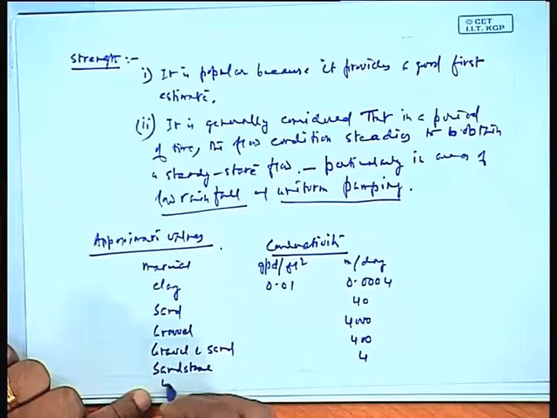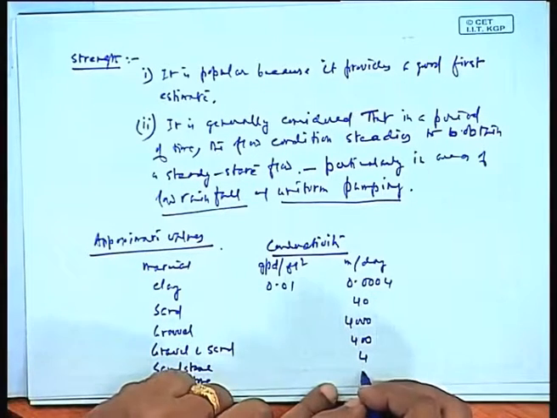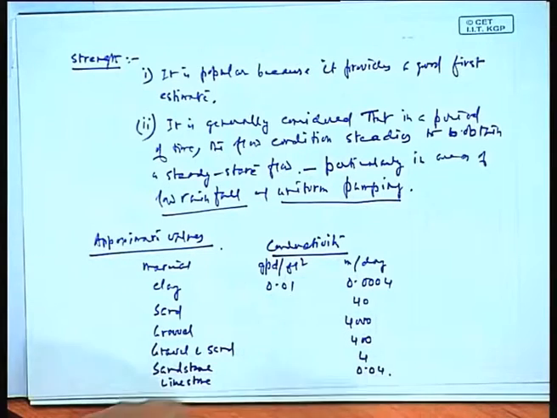Limestone is about 0.04. Okay, these are the approximate values of conductivity. So we have found out porosity, we have found out the specific yield, we have found out conductivity. Next, in the next class, I'll discuss the other aspects of groundwater flow. All right.